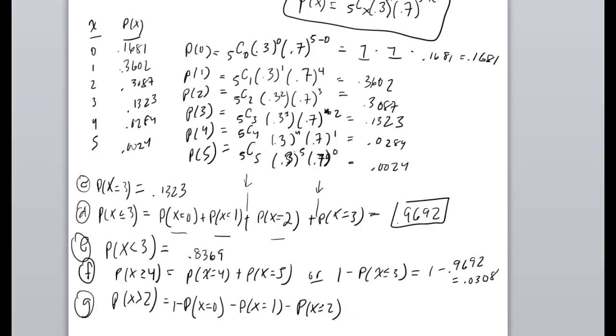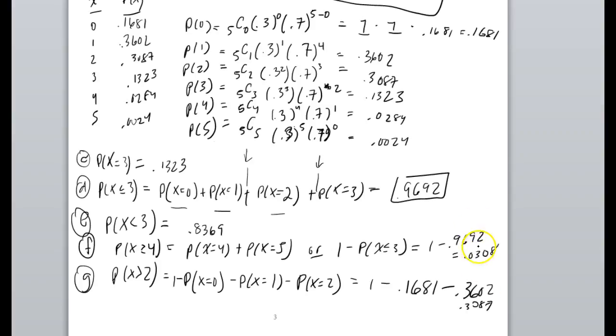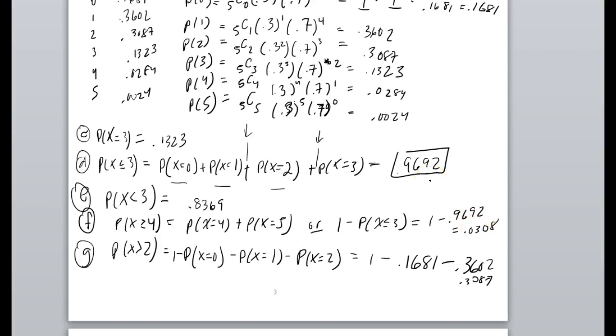Because it's just strictly greater than. And that's just going to be 1 minus 0.1681 minus 0.3602 minus 0.3087.